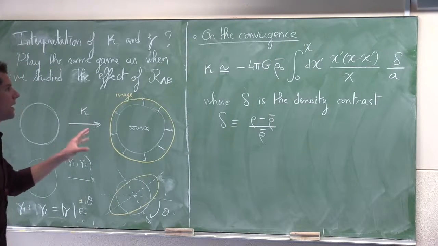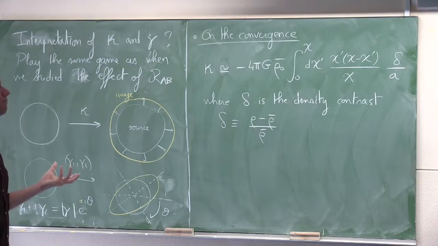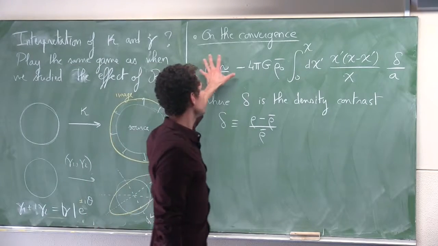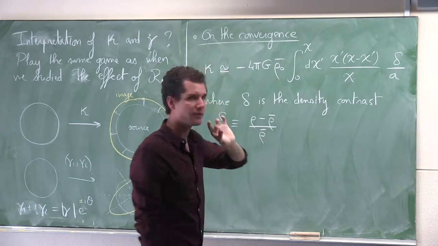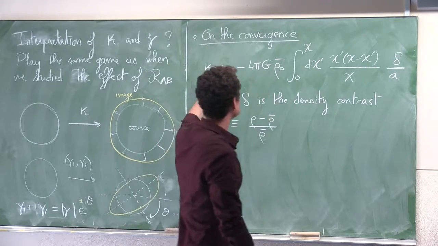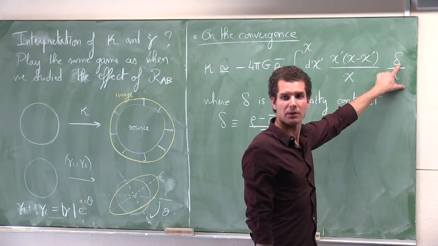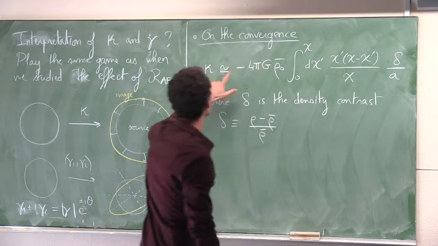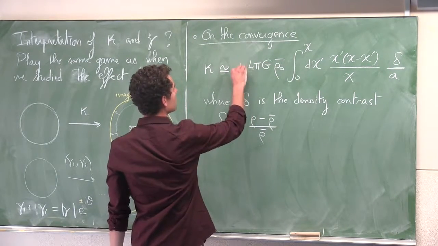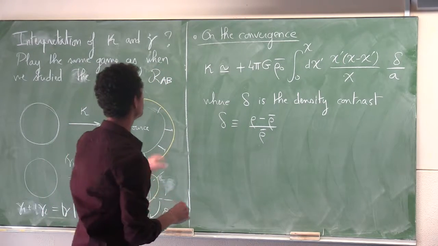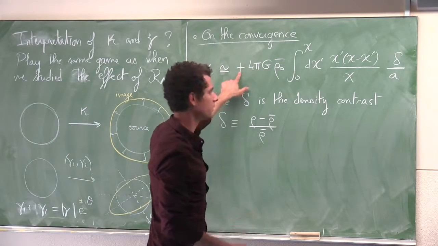And here we see again a quite good interpretation of what's going on. If the line of sight you are considering goes through overdense regions, then delta is positive, and therefore, sorry, it's a plus sign.